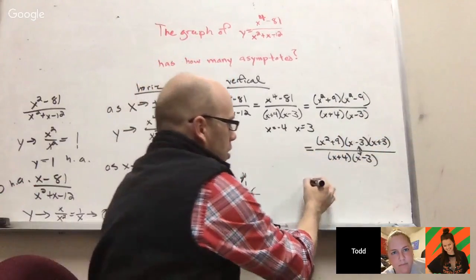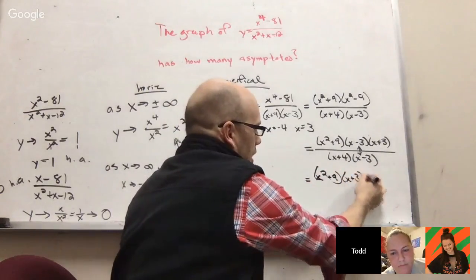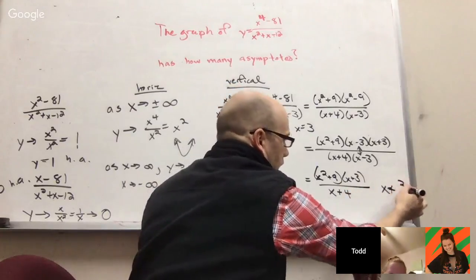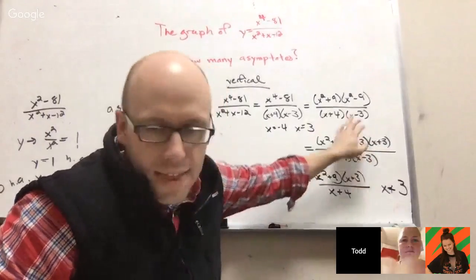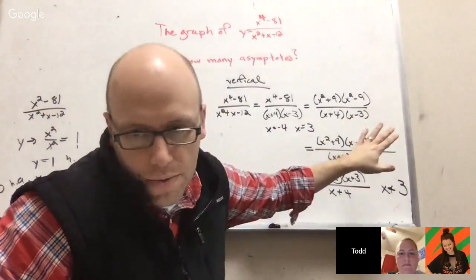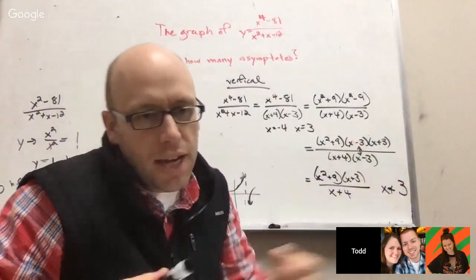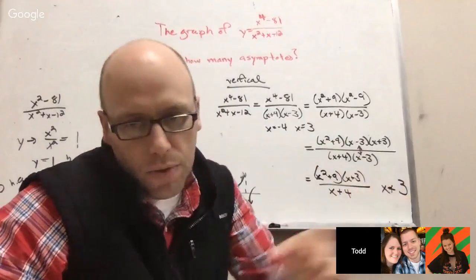This looks just like (x squared plus 9) times (x plus 3) over (x plus 4), as long as x does not equal 3. Everywhere except at 3, that thing doesn't make any difference. At 3, it's undefined. But because it doesn't make a difference elsewhere, there's no asymptote there.